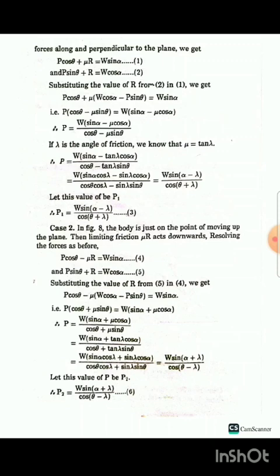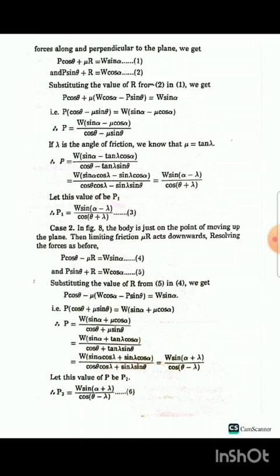We are replacing μ with tan λ, and substituting tan λ as sin λ divided by cos λ, and again we take the LCM. We get W(sin α cos λ + sin λ cos α) divided by (cos θ cos λ + sin λ sin θ). Applying the formulas for sin(A + B) and cos(A − B), the P becomes W sin(α + λ) divided by cos(θ − λ). We take this P as P2.